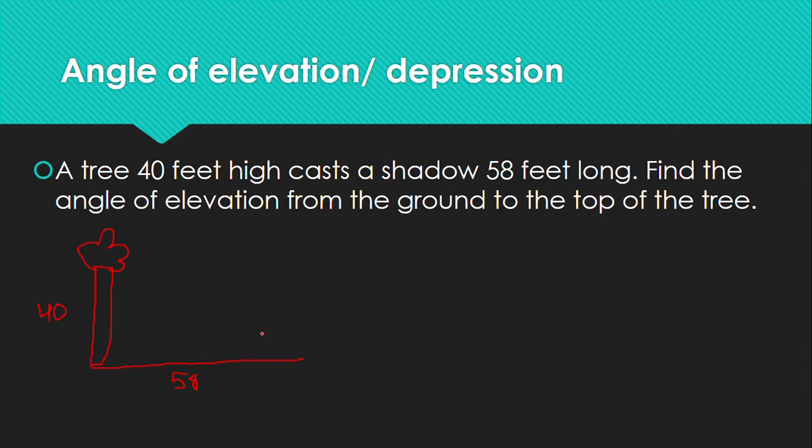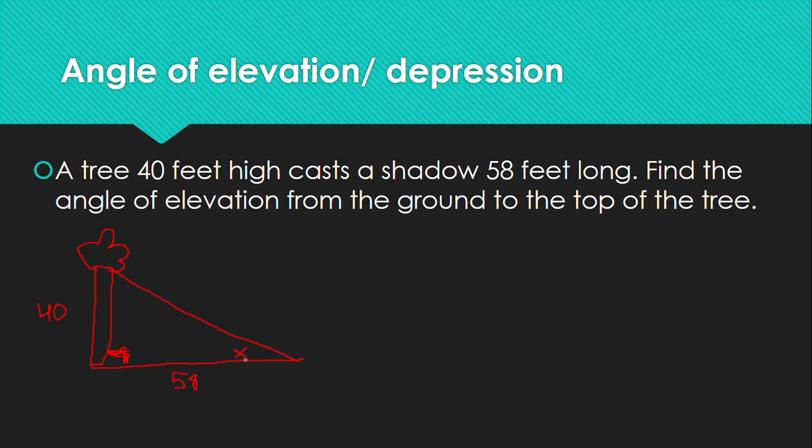And because I know that this is going to be about a right triangle, I'm going to go ahead and fill in the missing triangle side. And then here's my right angle, assuming the tree is straight up and down. And it asks me to find the angle of elevation. So the angle of elevation is always this angle right here, like you're looking up at the tree at that angle.